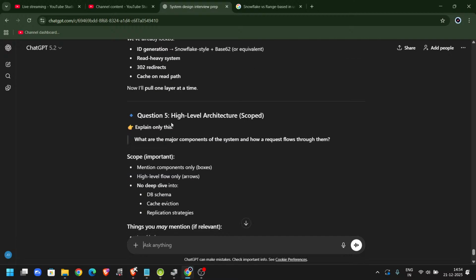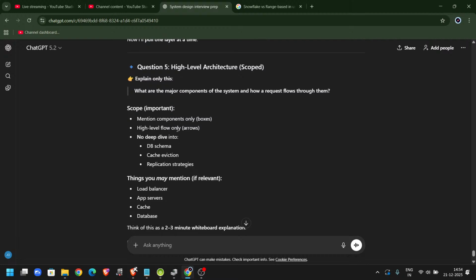Okay. Question 5, high-level architecture, scoped. Explain only this: what are the major components of the system and how a request flows through them? It means this URL shortener system.